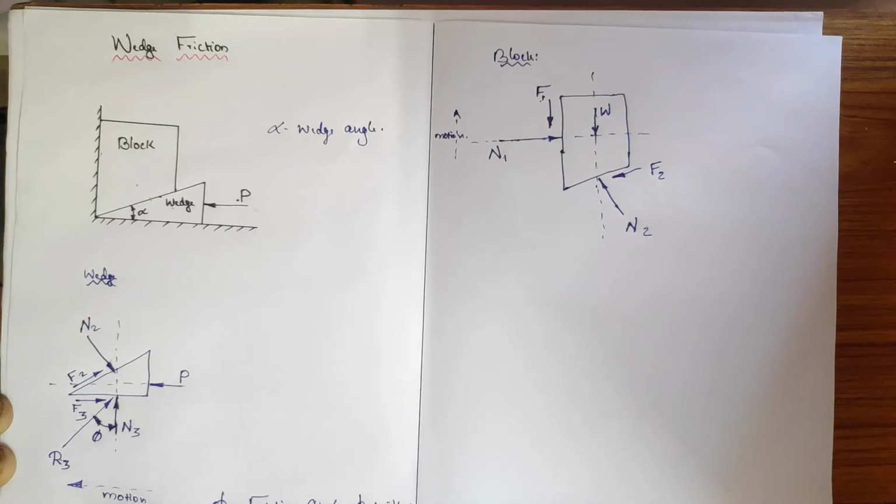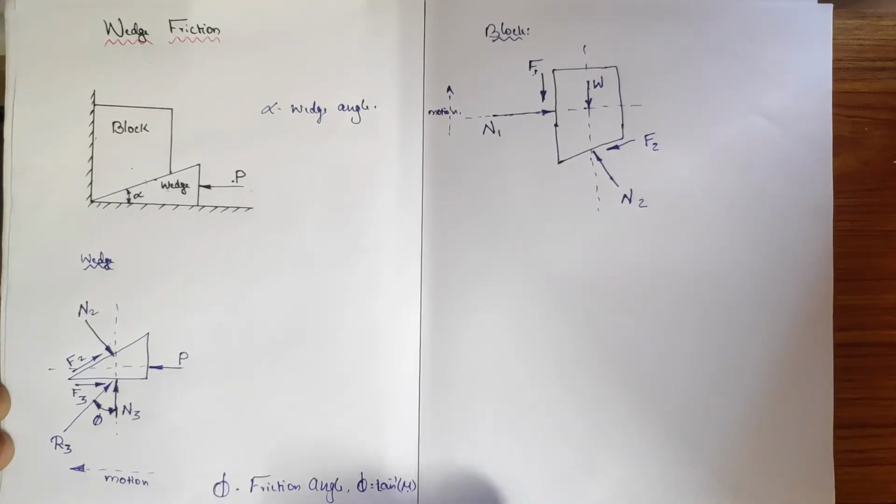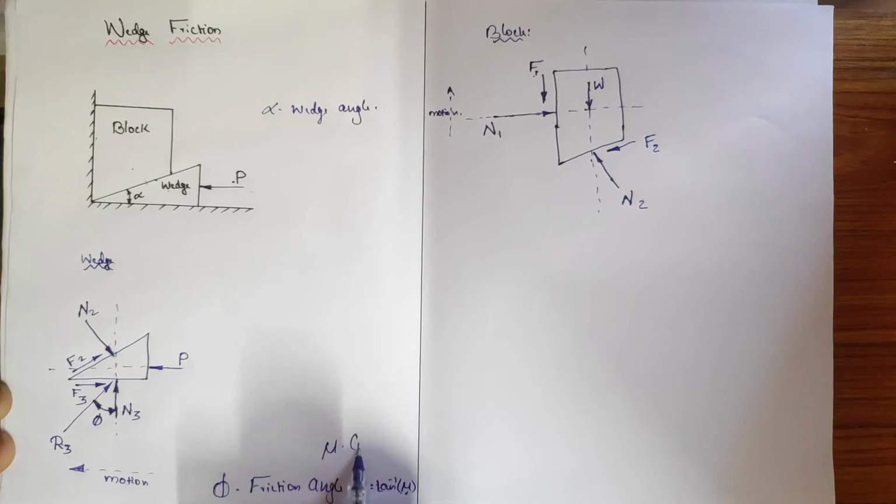Okay, tan inverse of mu, and this mu is the coefficient of friction.